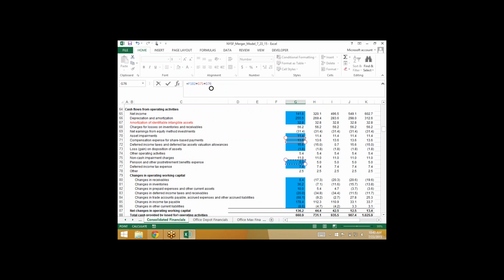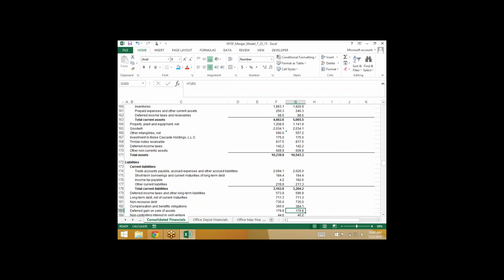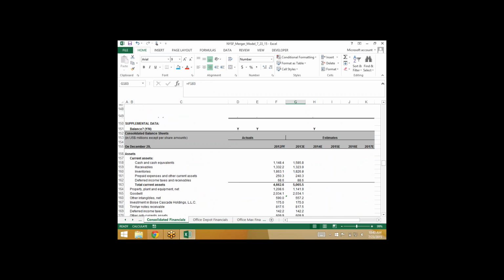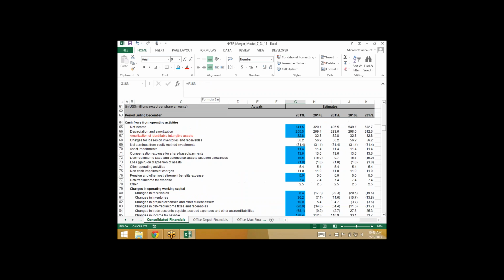So slowly narrowing down what's left outstanding. You have that? Question on that? So what else do we have left that we can maybe allocate into known places? We have losses on inventories and receivables. We have earnings from equity method investments. Other operating activities is going to go into other.